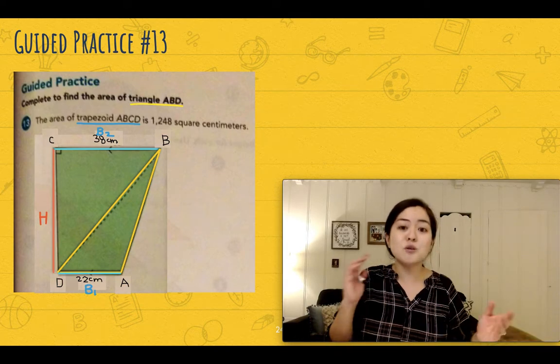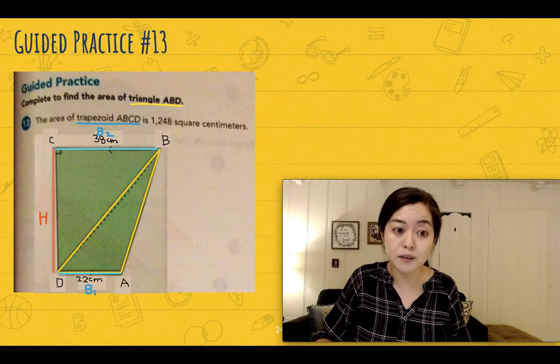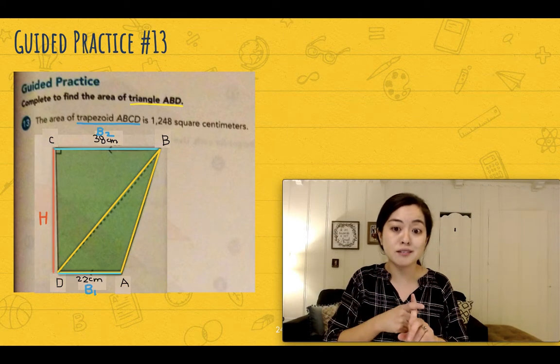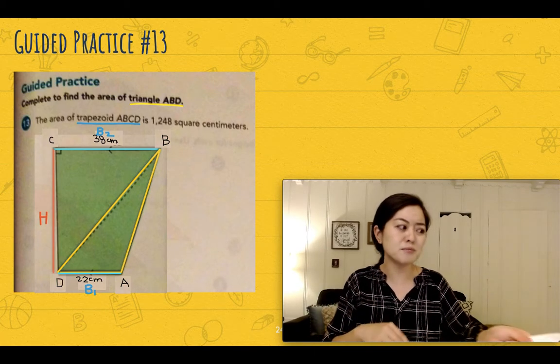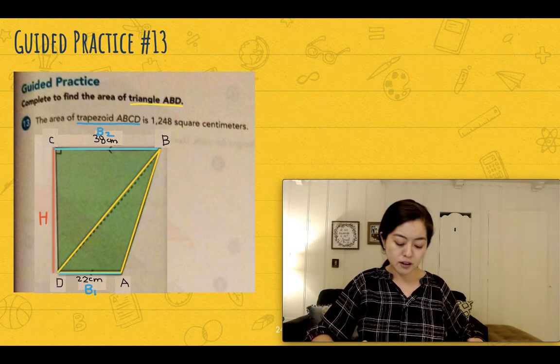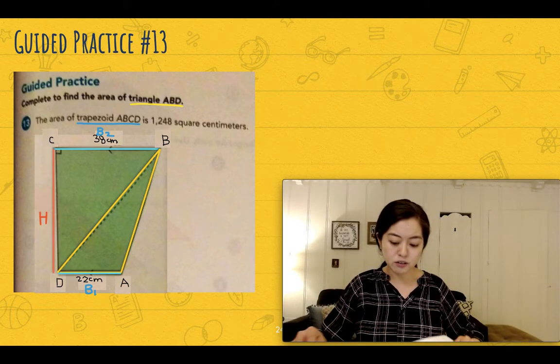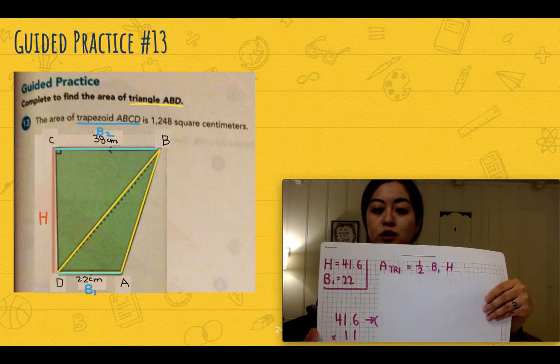So now let's find the area of the triangle. I know my base and I know my height. So now I can find the area easily by inputting in the values. The area of a triangle is 1/2 times base 1 times height.